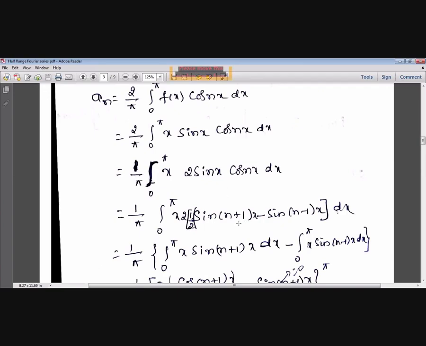I think we did one problem like this. So 1 by pi integral 0 to pi, x as it is, 2 sin a cos b is sin a plus b minus sin a minus b.